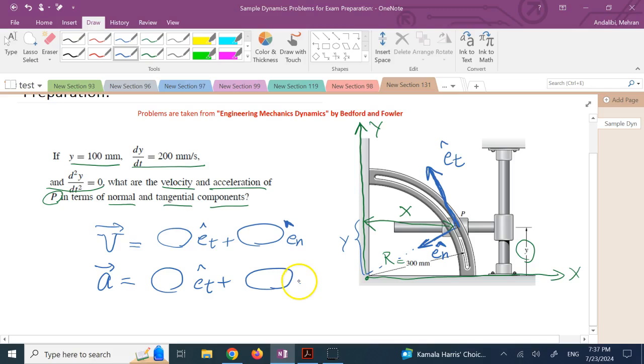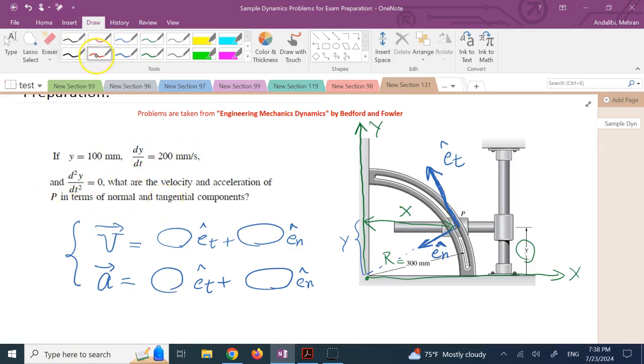So decompose these two vectors along ET and EN and give me the components. If instead it said in terms of the Cartesian components, then you would have to write it in terms of I and J. But here you see the problem is specifically asking for normal and tangential.